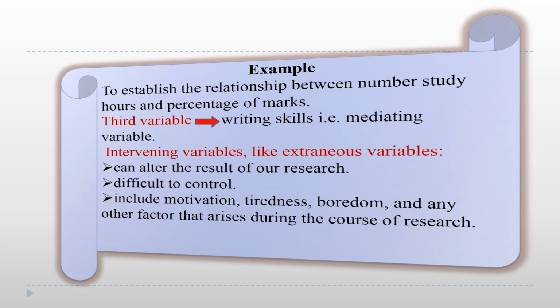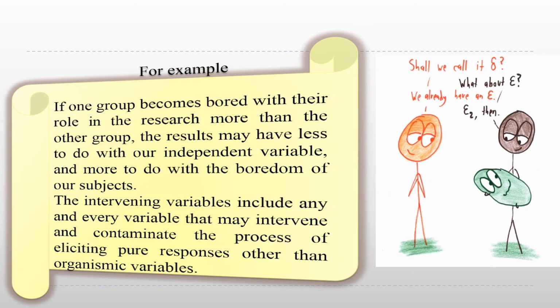Intervening variables like extraneous variables can alter the results of our research. These variables, however, are quite difficult to control. Intervening variables include motivation, tiredness, boredom, or any other factor that arises during the course of research. For example, if one group becomes bored with their role in the research more than the other group, the results may have less to do with our independent variable and more to do with the boredom of our subjects.